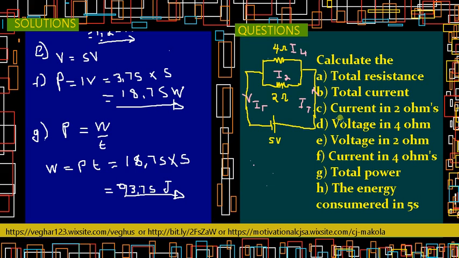Current in 2 ohms: we use the voltage, which is 5 volts, because the voltage in parallel is the same, and then you find the current using Ohm's law. The voltage in 4 ohms is the same 5 volts, and the voltage in 2 ohms is the same. Total power is the product of current and voltage. Energy, because we're given time, is the product of power and time.